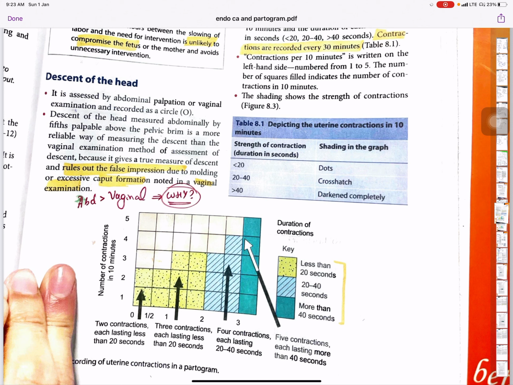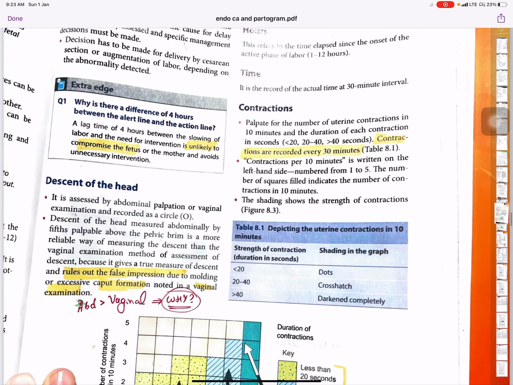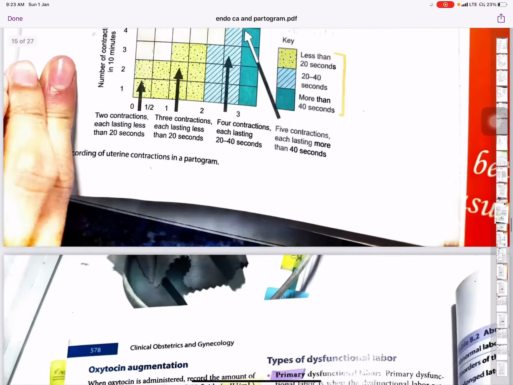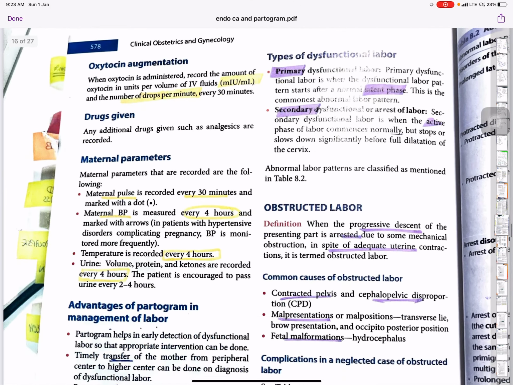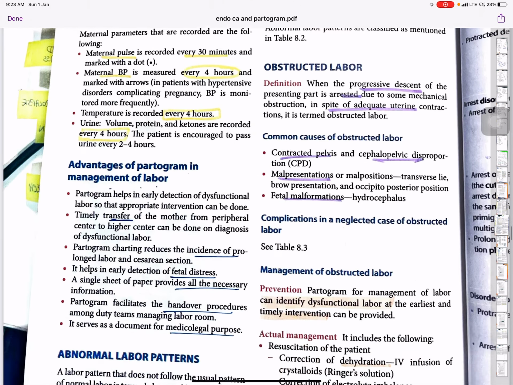Contractions, dot, scratch, up to 20, 40 and greater than 40. Dots, crosshatch, darkened. Oxytocin augmentation, drugs given, BP recorded.